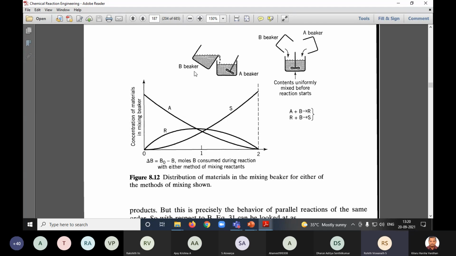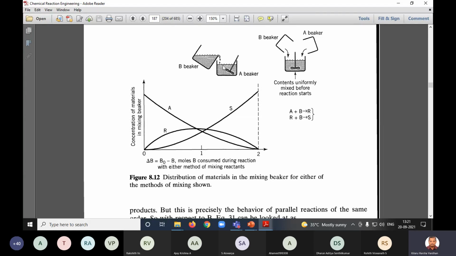The parallel reaction won't happen. Yes, B is going to be competed for by A and R, because A and R will compete for B. That is why there is no concentration of B, because B is in parallel here. So what is happening? The moment B is added, it reacts and forms R. Now in this particular case, both A and R are there.